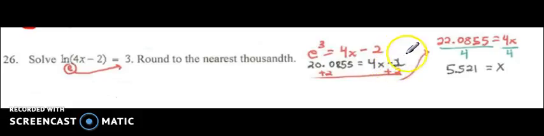I'm going to do the opposite. I am going to add 2 to both sides. So that's how I got this problem. I want x by itself. I am going to divide by 4. That's how I got this answer. Plug this answer back in to check on your calculator to see if it's correct, and it is.